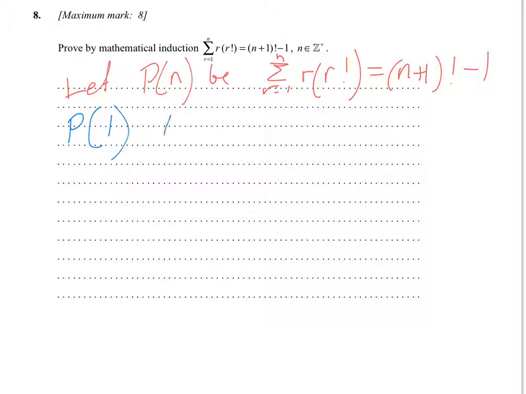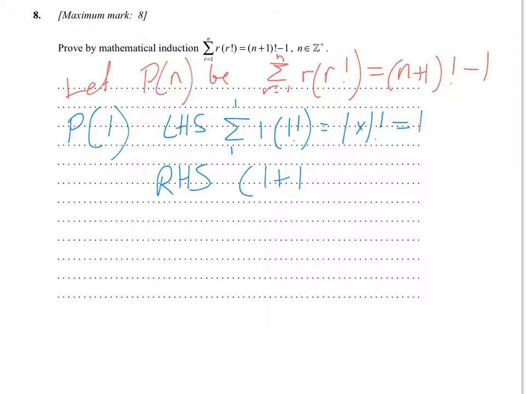P of 1, the left-hand side, gives me the sum from 1 to 1 of 1 times 1 factorial, which is just 1 times 1 factorial, which is 1. And the right-hand side gives me 1 plus 1 factorial minus 1, which is 2 factorial minus 1, which is 1.